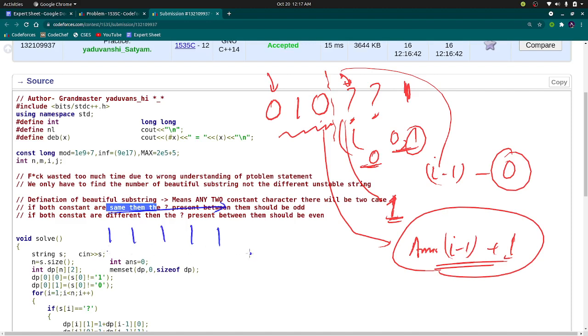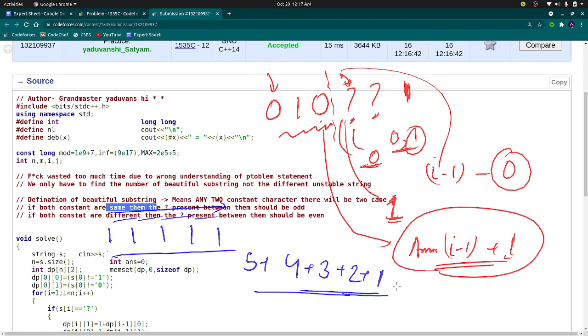Single ones will have 5 contribution, length 2 will have 4, length 3 will be 3, length 4 will be 2, and length 5 is the whole string, only 1 is possible. So this will be n into n plus 1 divided by 2, the total number of substrings possible.